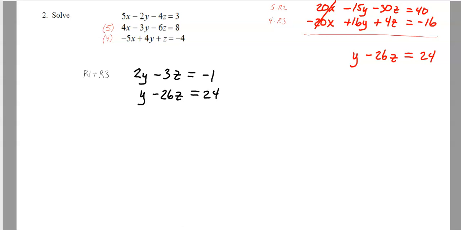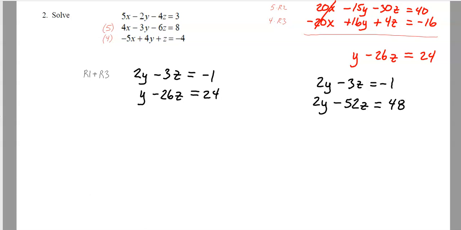We've got our 2 by 2 locked down. Now we can just solve it. So I'm trying to get opposites here. It looks like I'm going to have to multiply my bottom row by 2. So if I multiply the bottom row by 2, I'm now going to have top row I leave alone. Bottom row multiplied by 2. All right.